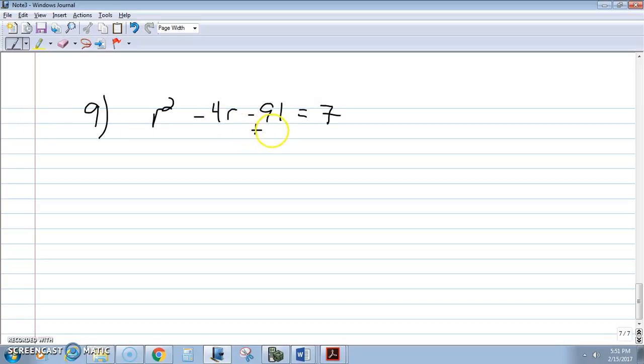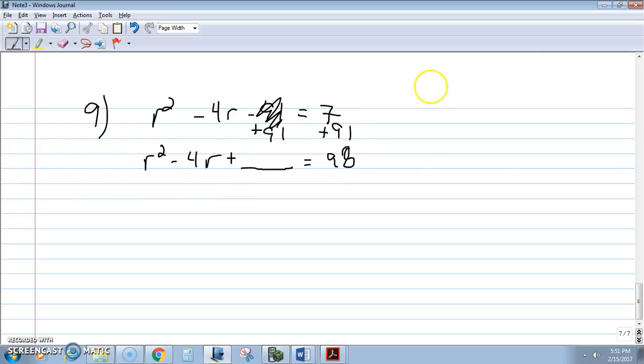If I add 91 to each side, like I must in order to complete the square, I am going to have r squared minus 4r. This cancels, but remember I'm going to add a blank space equals, and now it's not just 0 there. 91 plus 7 is 98.